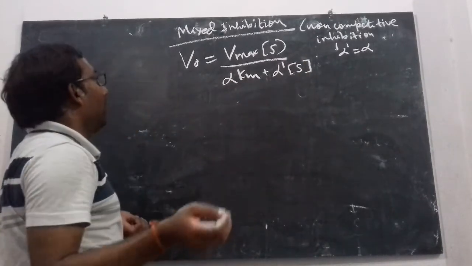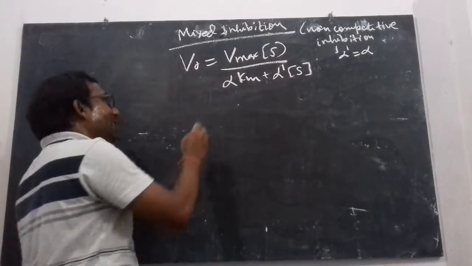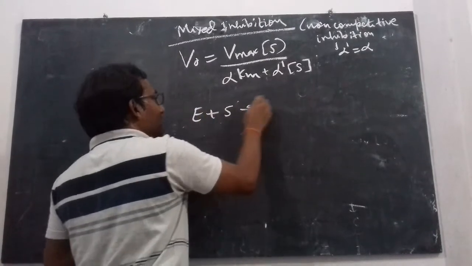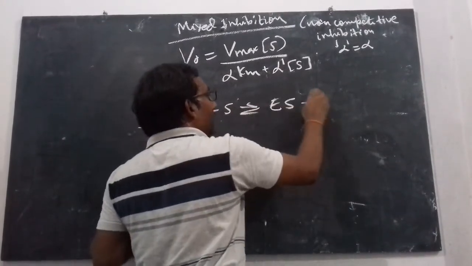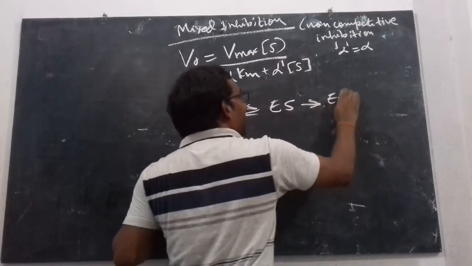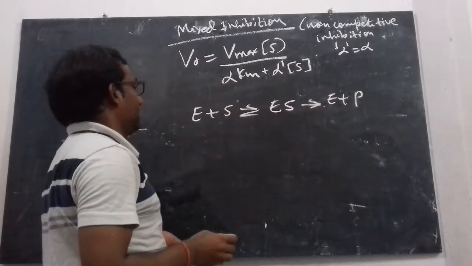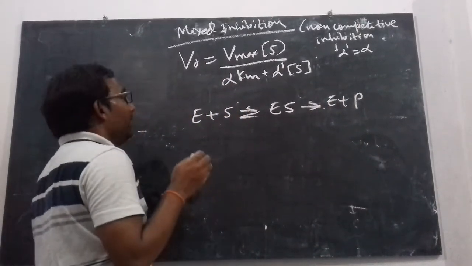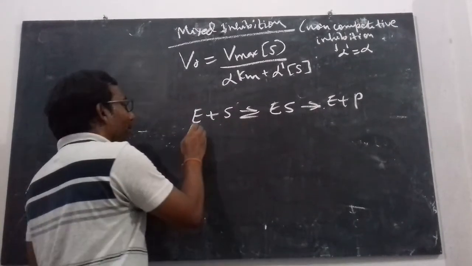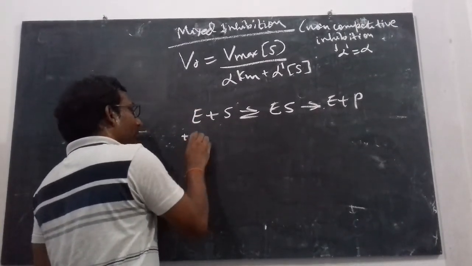Now you must be wondering: enzyme plus substrate gives enzyme substrate complex, and then you get enzyme and the product. What is the beauty of mixed inhibitors?